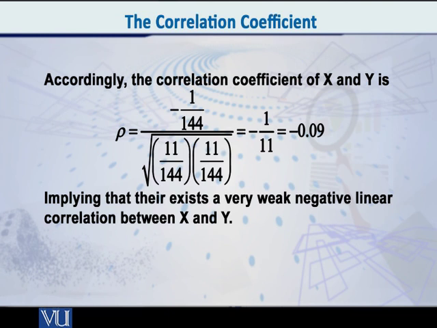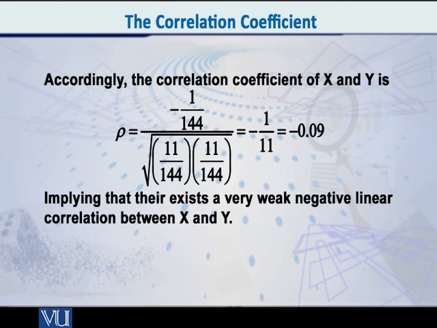All right, now that we have got all these things, we can very quickly find the correlation coefficient. Rho is equal to minus 1 over 144 divided by the square root of 11 by 144 and again the square root of 11 by 144. क्योंकि वो दोनों बराबर हैं तो वो इसलिए एक ही नंबर दोनों दफ़ा. So what do we get?